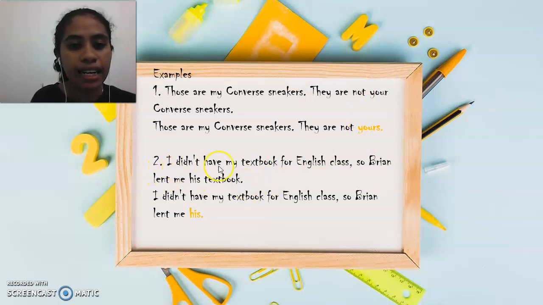Second, I didn't have my textbook for English class, so Brian lent me his textbook. I didn't have my textbook for English class, so Brian lent me his. So his here is a possessive pronoun.